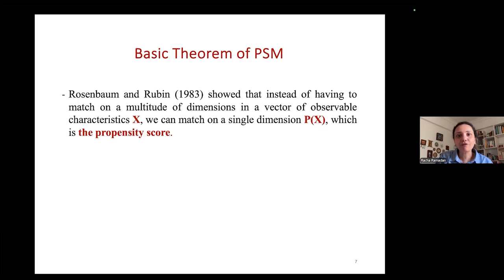So instead of matching between two groups based on gender or education or employment status, no, I will collect all these characteristics that I found relevant for our analysis because it affects the selection into the program.